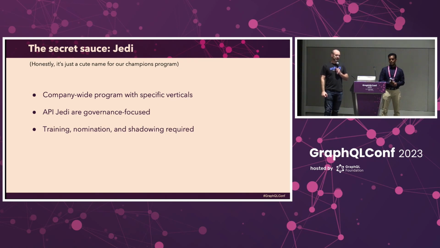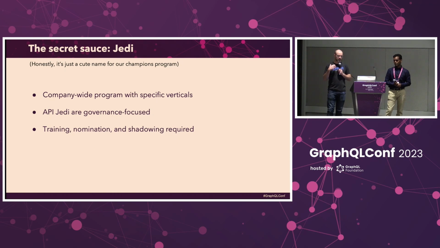But the key points of this are that we have training that you go through, requirements that must be met, and nominations that are usually made so that not just anybody becomes a Jedi, because it gives you commit rights to the schema registry essentially for your domains. We take that seriously, and we want to make sure the person who's given that is going to take it seriously as well.